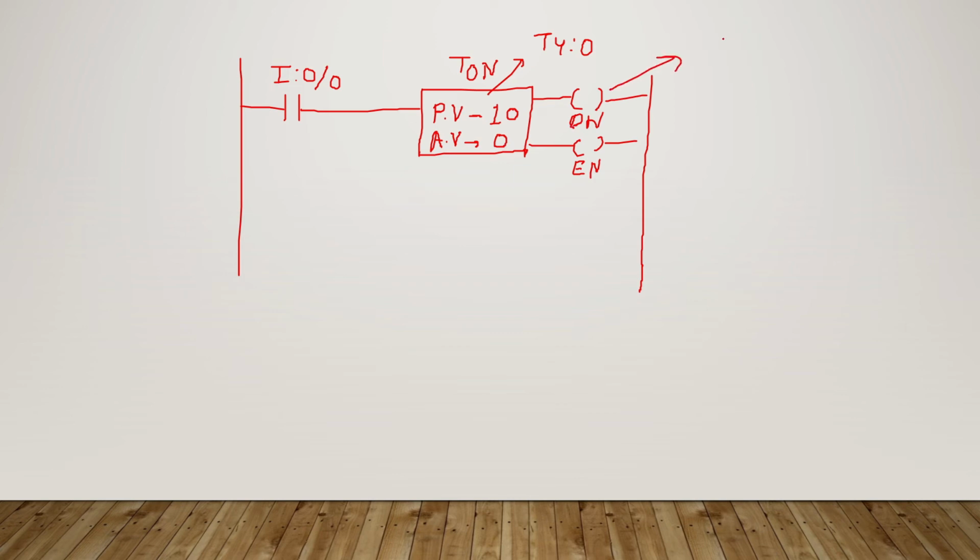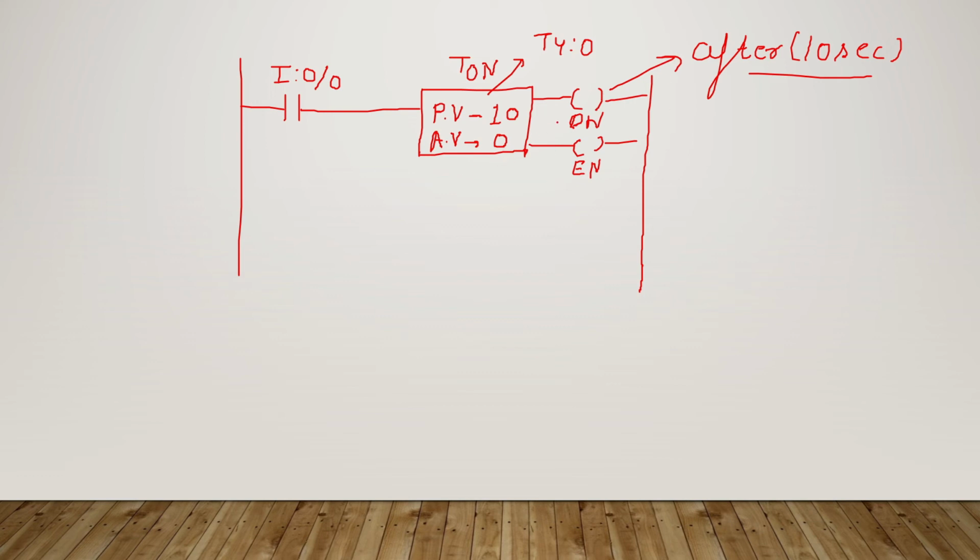This done bit turns on after 10 seconds. I will also tell you in the definition that the T-on timer just gives you a delay to turn on the output. So this output will turn on after 10 seconds.